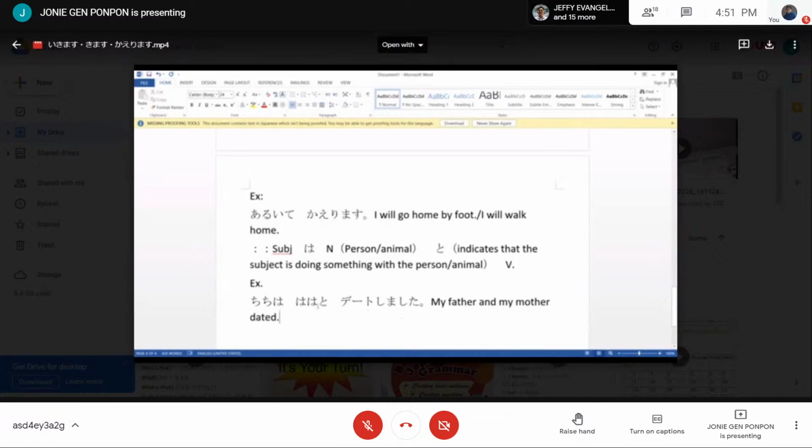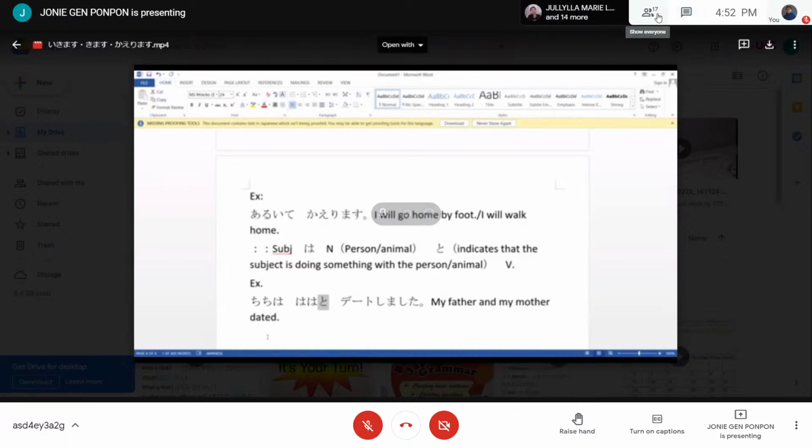Yan. Okay, so the to here is, as I remember, I introduced also to sa inyo, meaning and, diba? And, so sinong kasama. So in creating verb sentences, you can also use the to particle, which means who is together with the subject that is doing the verb, parang ganon.